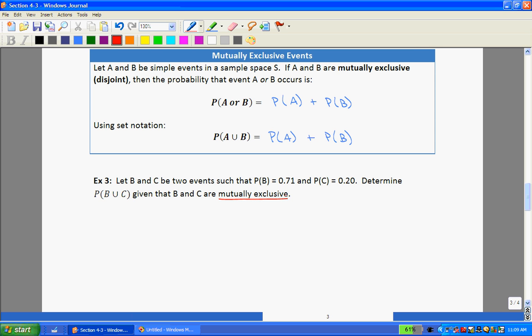We know that they're mutually exclusive or disjoint, so we're going to use this formula up here. So that means the probability of B union C is just the probability of B plus the probability of C. So the probability of B we were told was 0.71, and the probability of C is 0.2, so that gives us a probability of 0.91. And that's it.